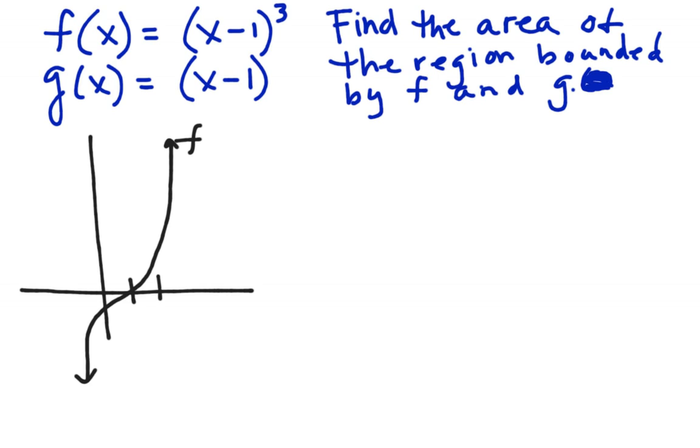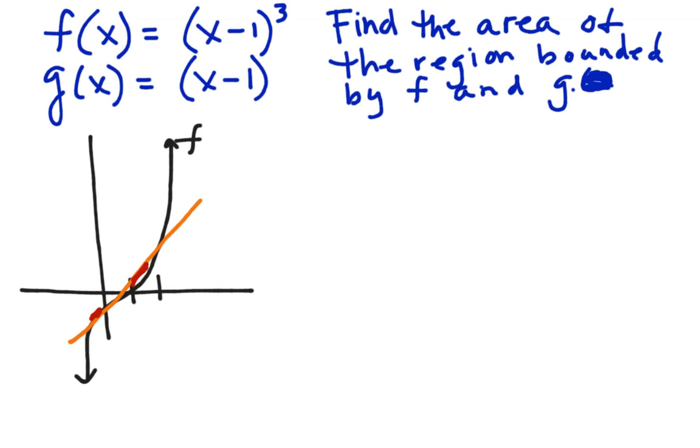I'm going to graph g of x, which is x minus 1. And so that's going to look a little bit like this. That's a terrible picture. I actually have area here, and then there's a little area there.